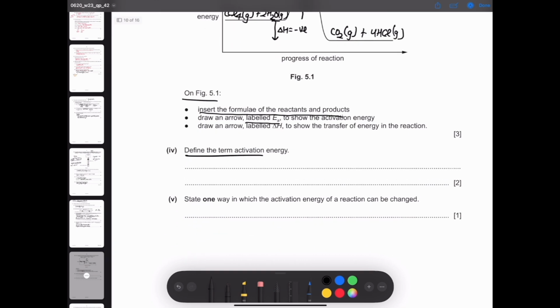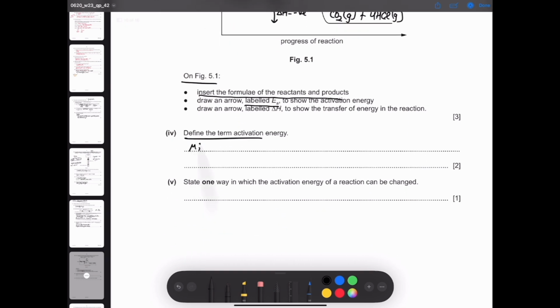Define the term activation energy. It is the minimum amount of energy required for reactant molecules to start colliding.